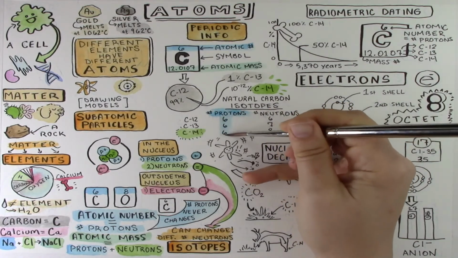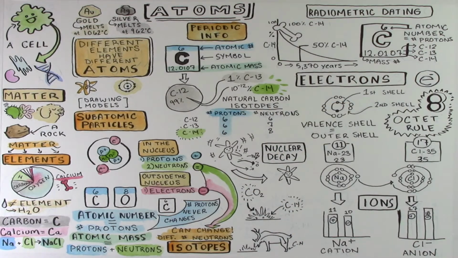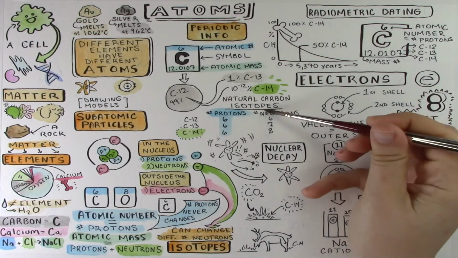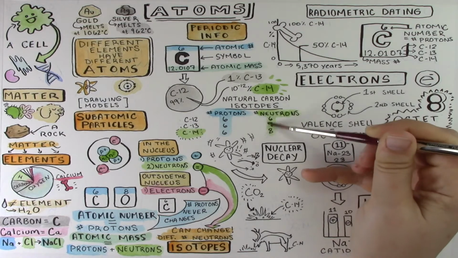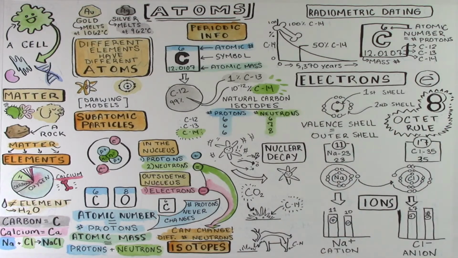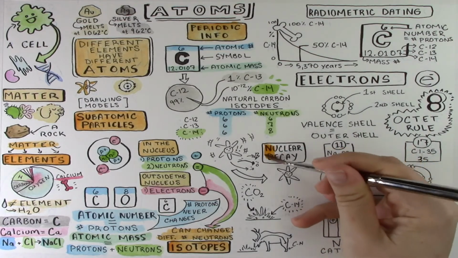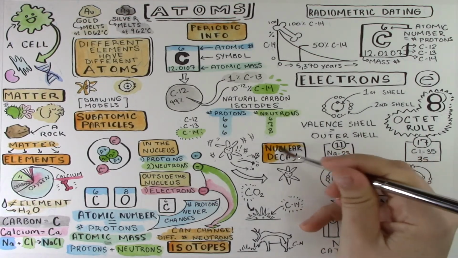That number also tells you the atomic mass of that isotope. So if I were to ask you how many neutrons are there in carbon-13, you should know that the atomic mass 13 minus the atomic number 6 for carbon, no matter what isotope, tells you that carbon-13 has 7 neutrons.